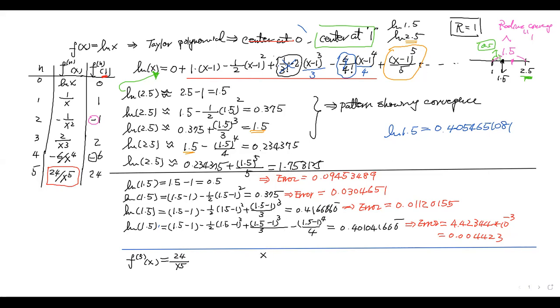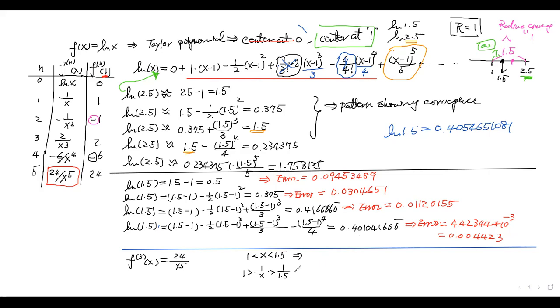And now, what is my x value? My polynomial is centered at 1, and my x value is 1.5. So my x is somewhere between 1 and 1.5, right? Because x is in the denominator, I flip it. So 1 over x is greater than 1 over 1.5 and less than 1.